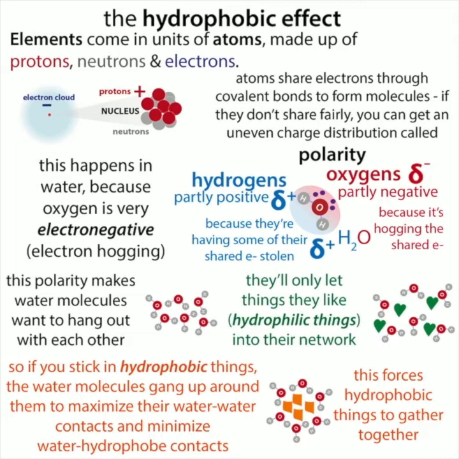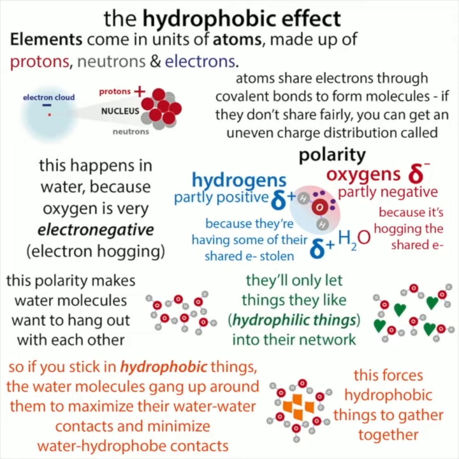The oxygen atom is really electronegative, so it's an electron hog, and the cloud of electrons is going to hang out more with the oxygen. So you have more negativity around the oxygen and more positivity around the hydrogens, giving you partial positive and partial negative. Now you get to opposites attract, and so water really likes to stick to itself and to other partly or fully charged things.